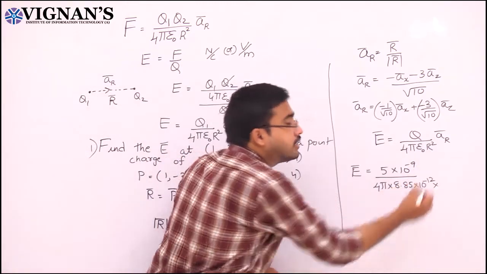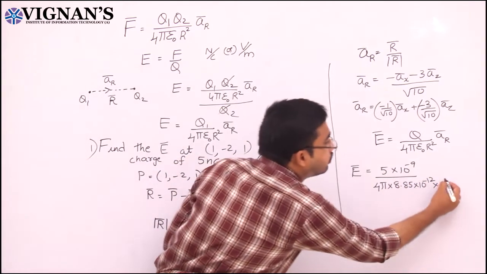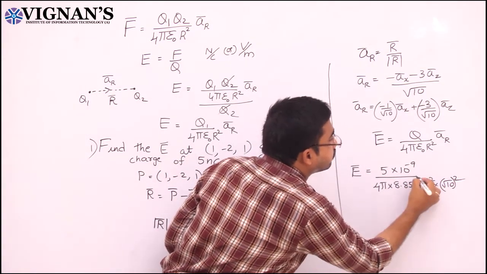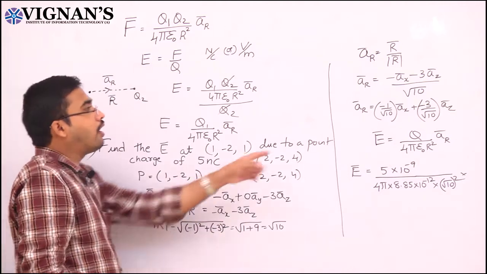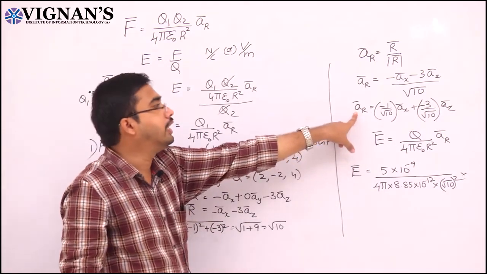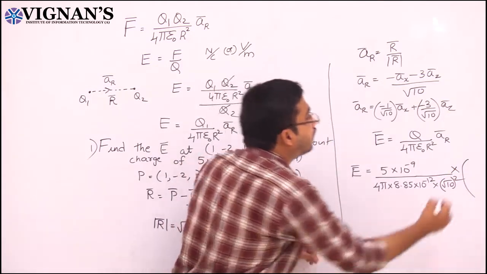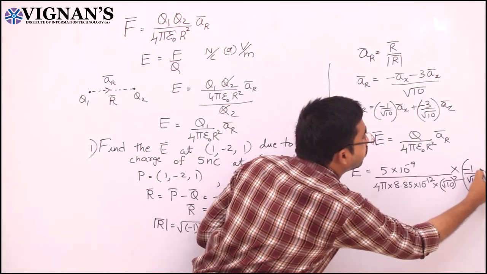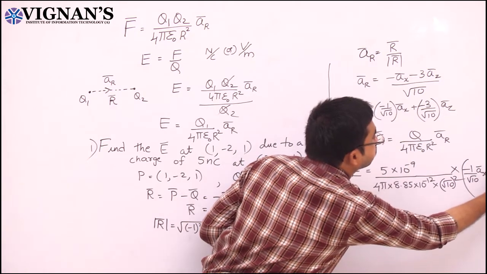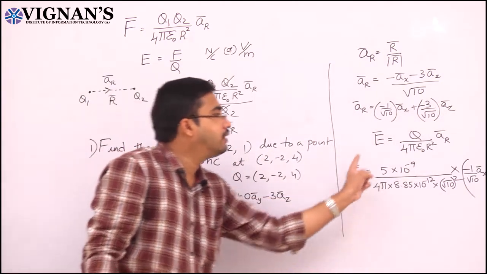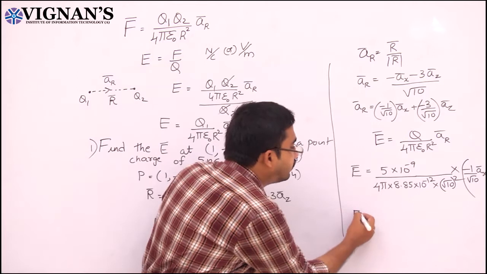Next, what is the distance R value? The magnitude is root 10, so root 10 whole square, because it is R square, into aR bar. Already we have obtained the vector form of the unit vector aR bar, so multiply with that unit vector, which is minus 1 by root 10 into ax minus 3 by root 10 into az. Now if we multiply this entire value and calculate, we will get the expression for E bar.